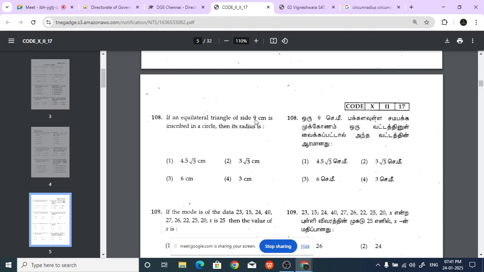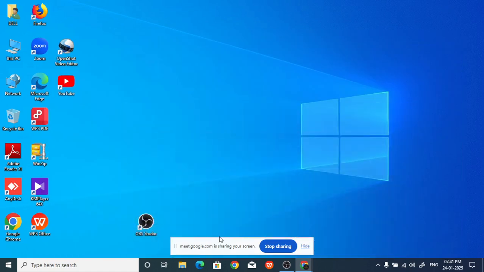Which option is equivalent to 9 by root 3? 3 centimeters, sir. 9 by root 3. 9 can be written as 3 into 3. So 3 root 3 is the answer. See, 9 can be written as 3 into 3. I will take the calculation window, then only I can write it down. One minute.